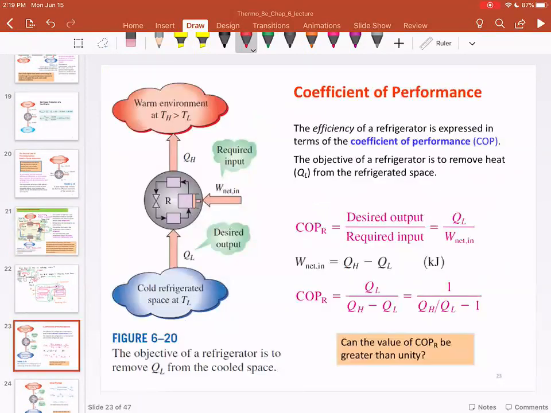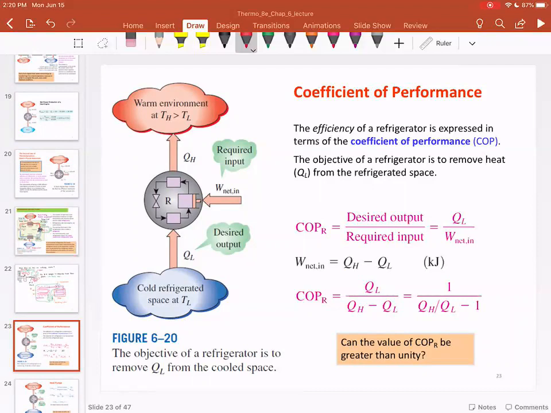For air conditioners, we don't have the concept of efficiency, because typically efficiency is less than 100%. For air conditioners, we have the concept of coefficient of performance.